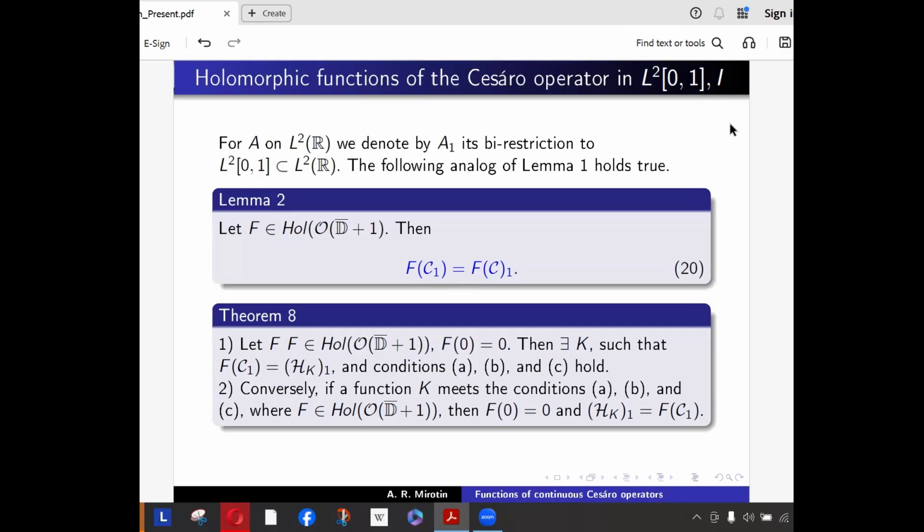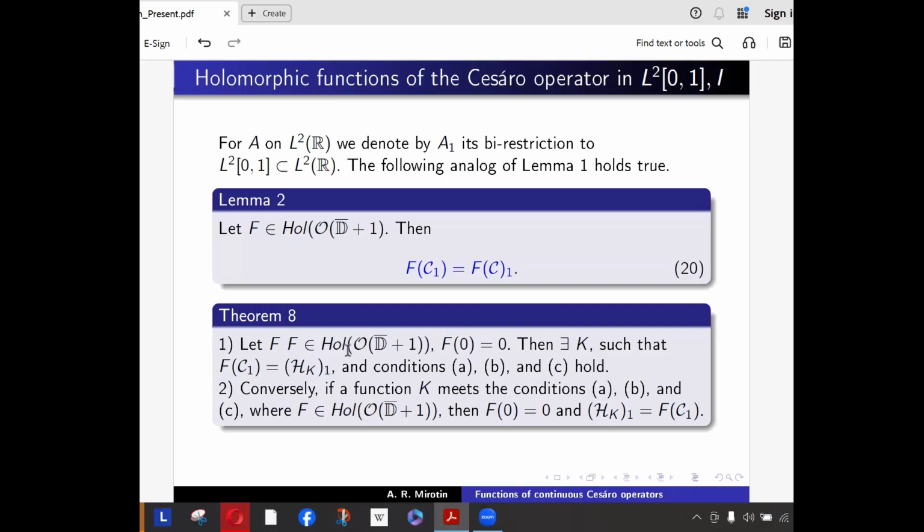But it should be noted that the spectrum of C1 is a shift of the unit disk, not the shift of the unit circle, but shift of the unit disk. And of course, if we want to apply the holomorphic functional calculus to C1, we should consider a holomorphic function in the neighborhood of the shift of the unit disk, d plus 1. And then we get the following theorem.